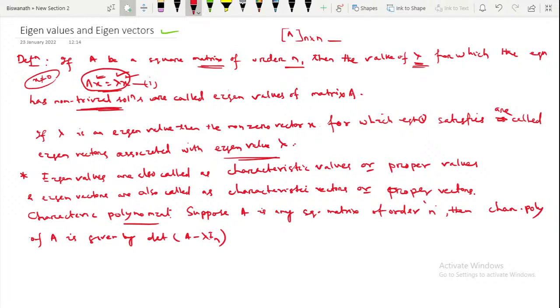In stands for identity matrix of order n. And the characteristic equation is the determinant of A minus lambda In equal to 0.